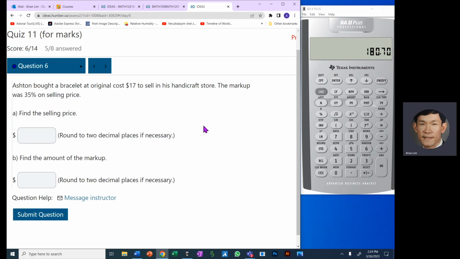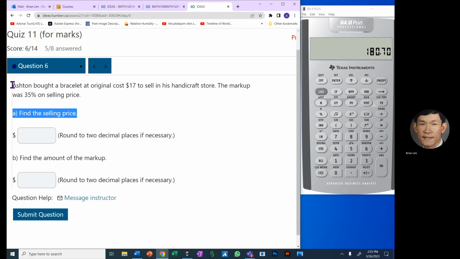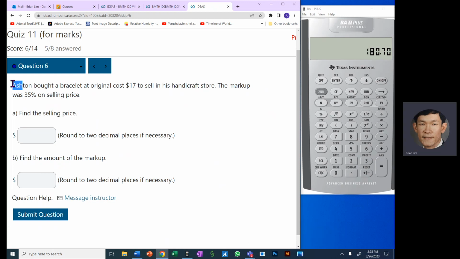Okay, so let's go to the next question. Ashton bought a bracelet at original cost of $17 to sell in his handicraft store. The markup was 35% on selling price. Find the selling price. All right, so this one is slightly different.